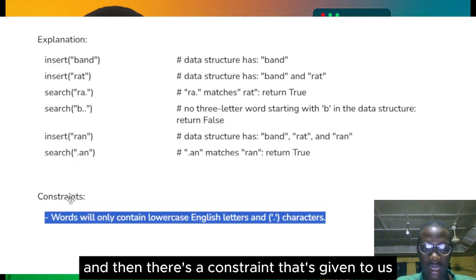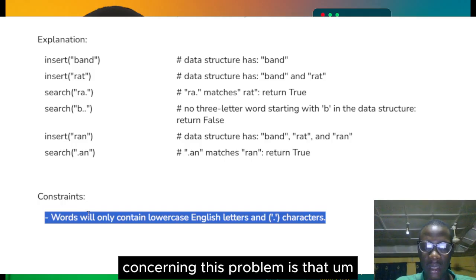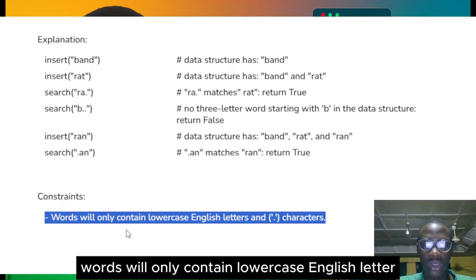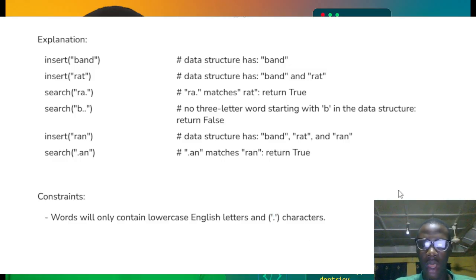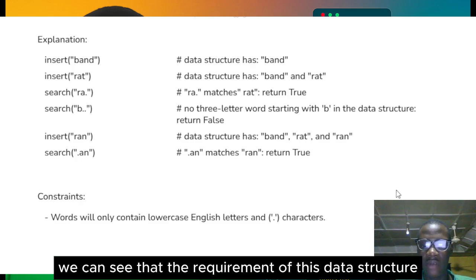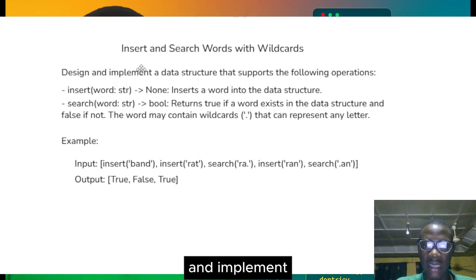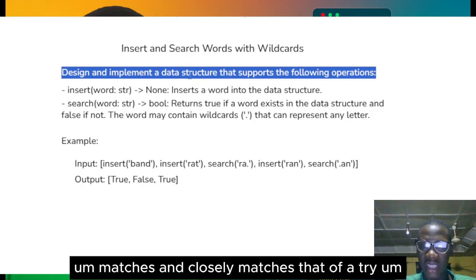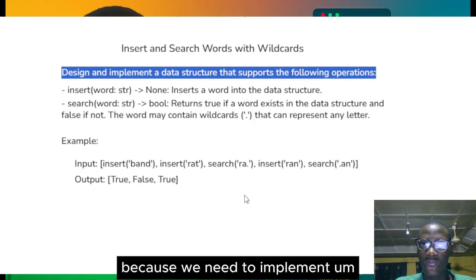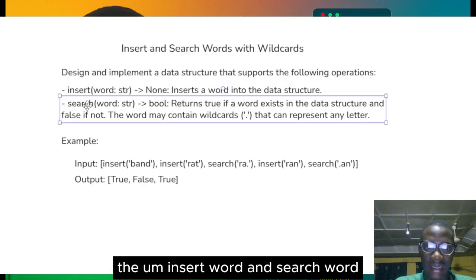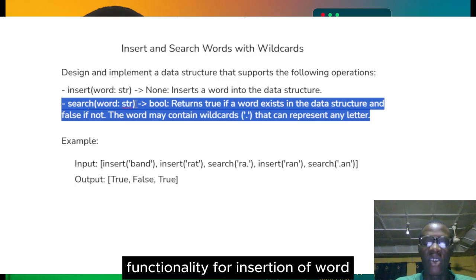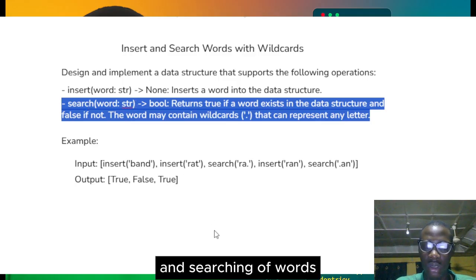Then there's a constraint given to us concerning this problem: words will only contain lowercase English letters and the wildcard, which is the dot character. We can say that the requirement of this data structure that we are asked to design and implement closely matches that of a trie, because we need to implement insert word and search word functionality for insertion and searching of words.